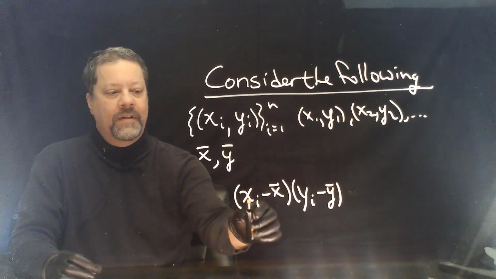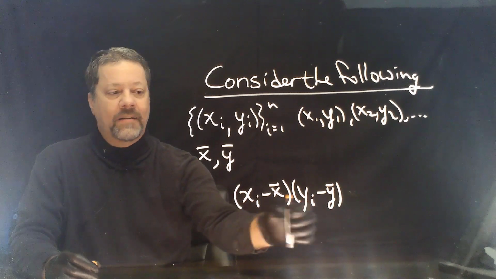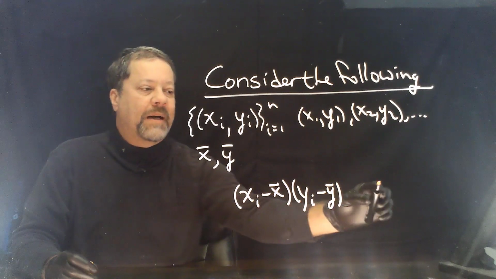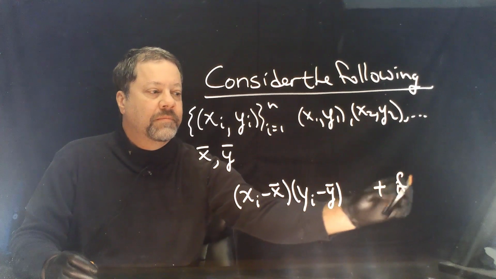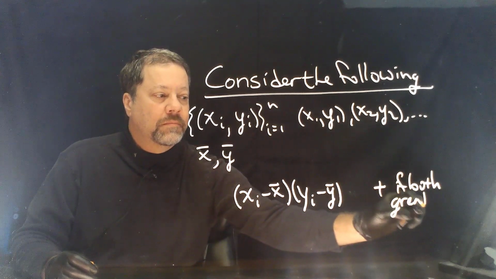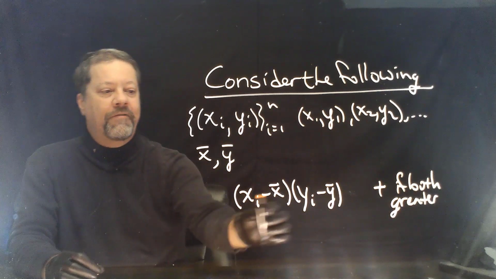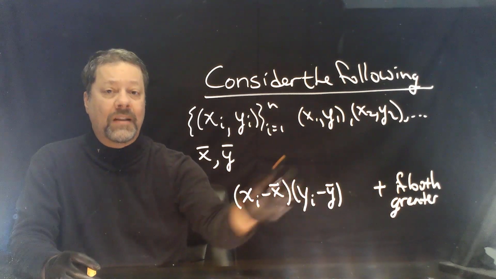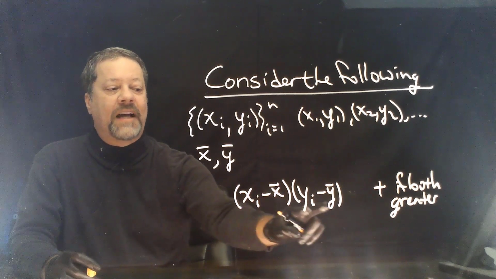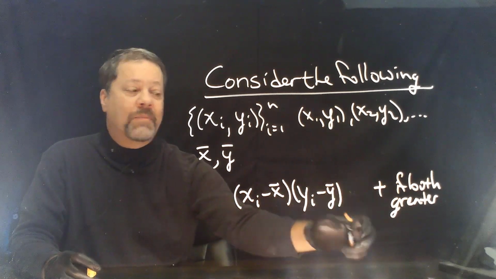If both xi and yi are greater than the means, then this will be positive. If both xi and yi are less than the means, then you'll have a negative times a negative, which is still positive.